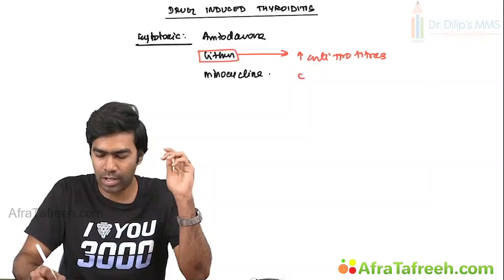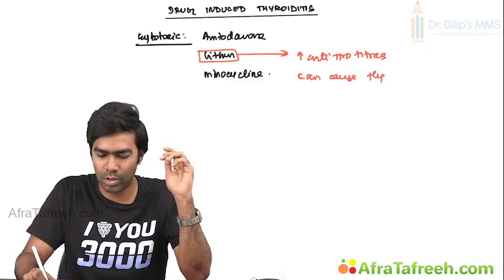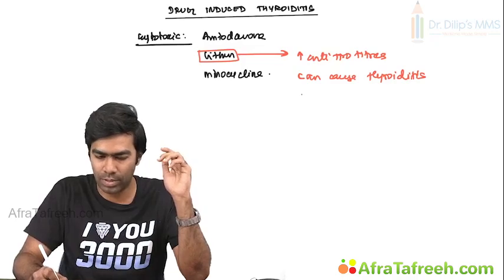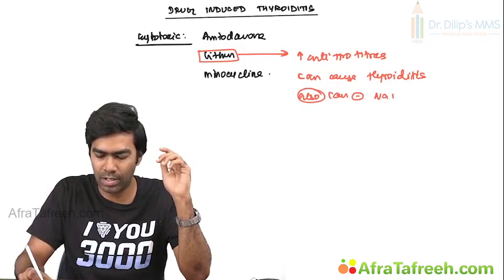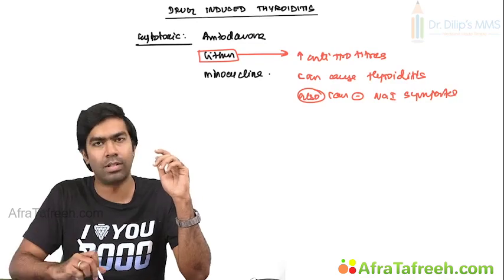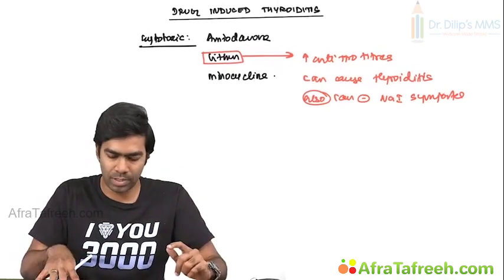So if they already are anti-TPO positive, lithium treatment will increase the risk of developing permanent hypothyroidism. Clear? You have to be very clear about that. And they can cause thyroiditis also. I told you, apart from imparting autoimmunity, they can cause thyroiditis as well. And it also can inhibit the sodium iodide symporter. All these are very important points that have been asked in exams. Lithium can inhibit the sodium iodide symporter.